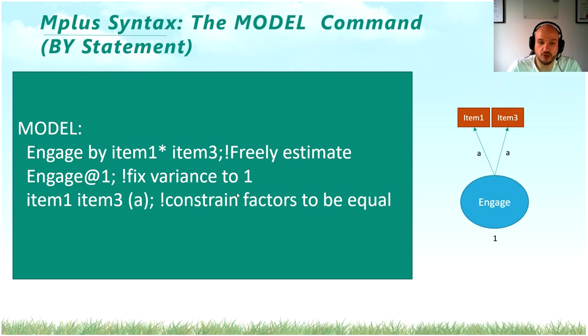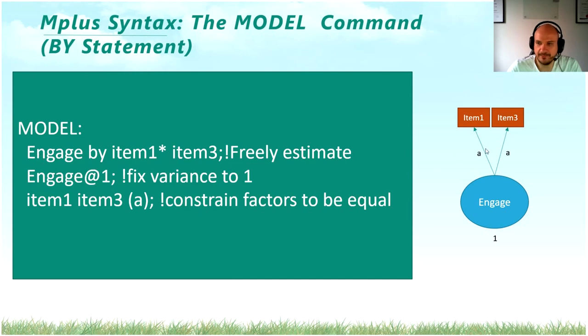But it's always important when you do this that you specify it in your output. Now, important, when you freely estimate a factor, you put a little star on the item that you want to have freely estimated. And in this case, it's item 1 because this is the first observed variable that you specify there. In order to fix your variance to 1, you put the latent variable that you've created and you put your little @1 sign.